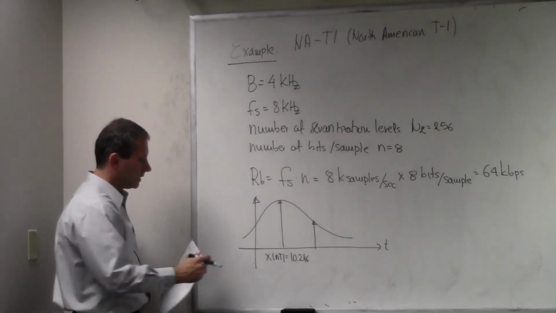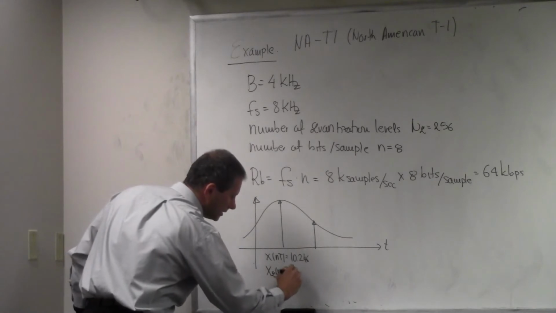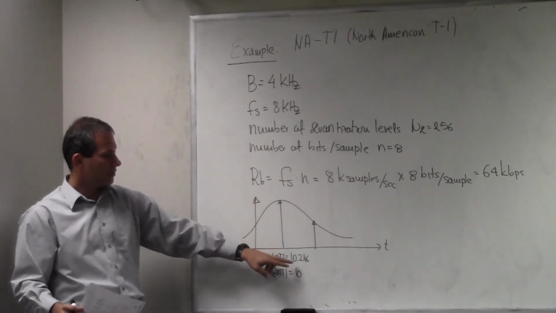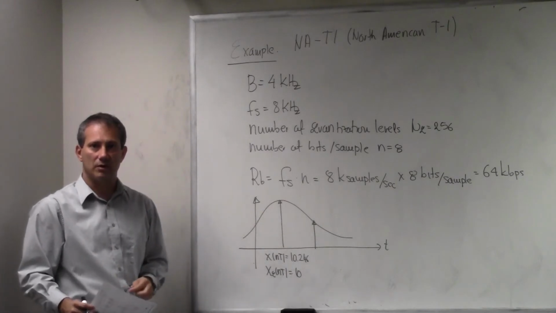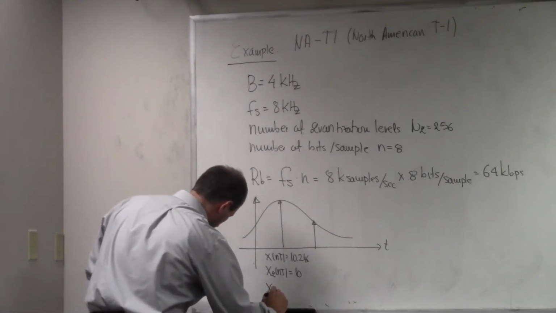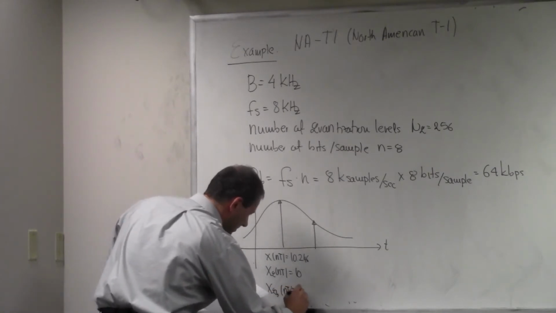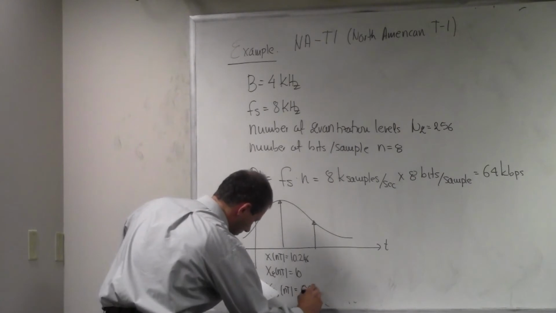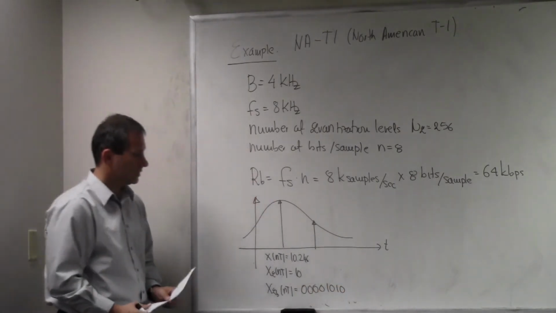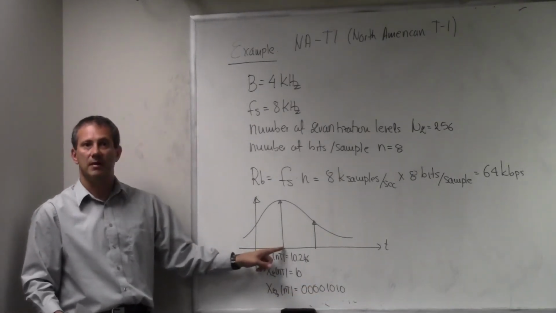But I'm going to round that to x hat of nT, let's say 10. So I'm in the 10th interval, so this 246 I get rid of. And I'm going to represent this x hat binary of nT as 0, 0, 0, 0, 1, 0, 1, 0. So these are my 8 bits that represent this particular sample.